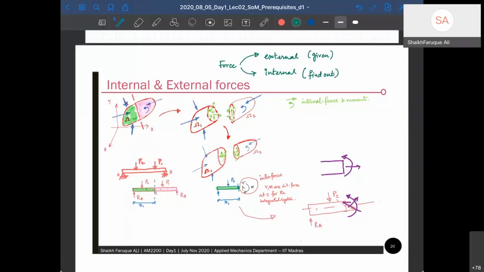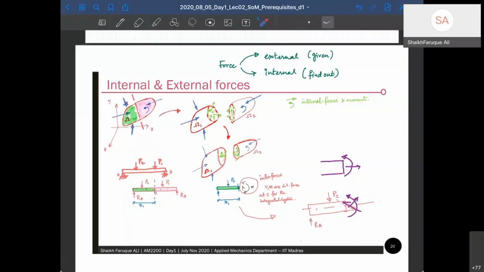For a design problem, it will be quite the opposite. Internal forces, maximum values of internal forces, will be given to you, or you can find them easily. You need to find the external force from the various equilibrium and constitutive laws and other equations that are available to you.